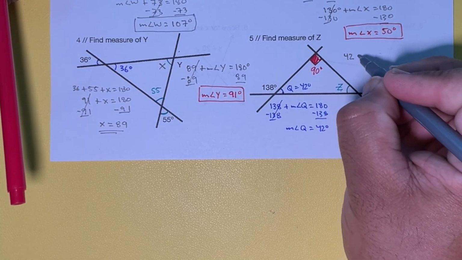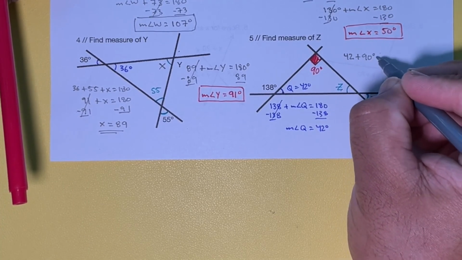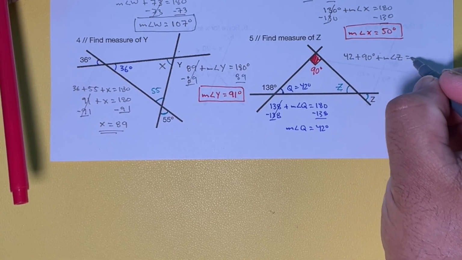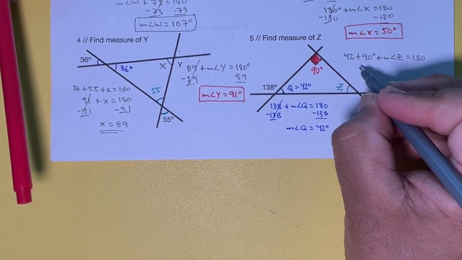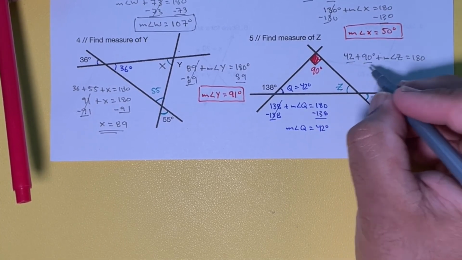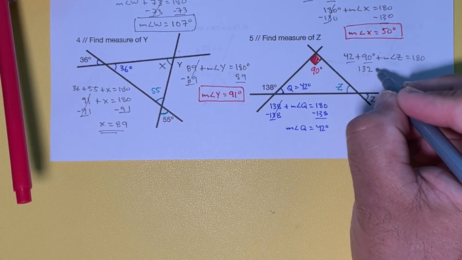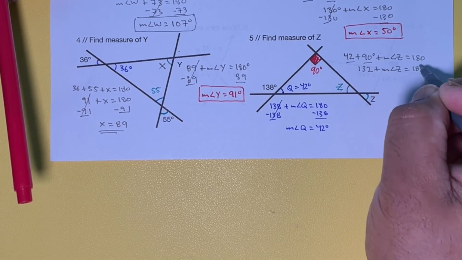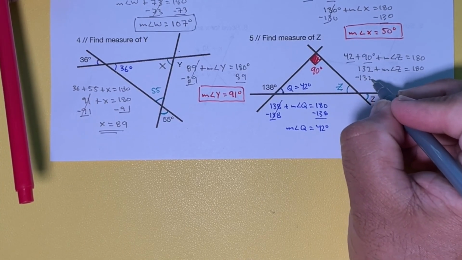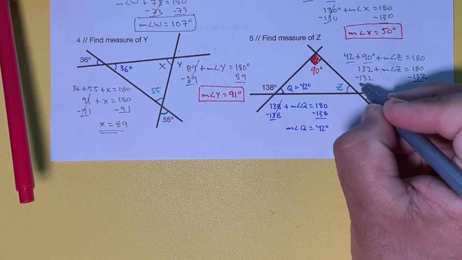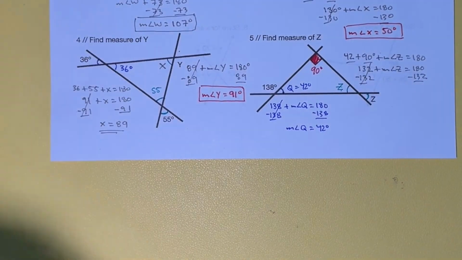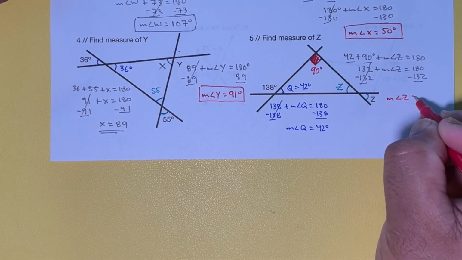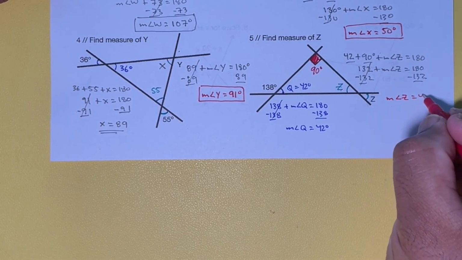These combine to 132 plus the measure angle Z equals 180. Subtract the 132 from both sides, and I get my final answer that measure angle Z equals 48 degrees.